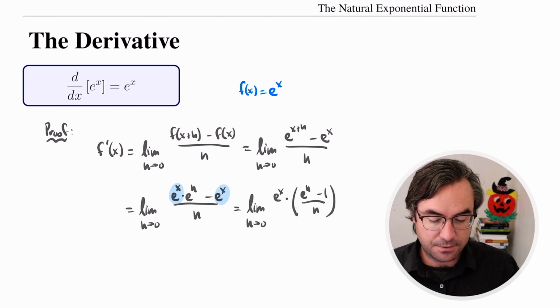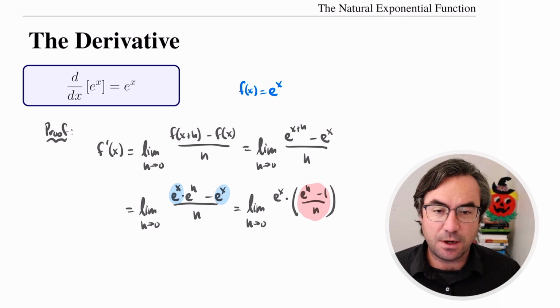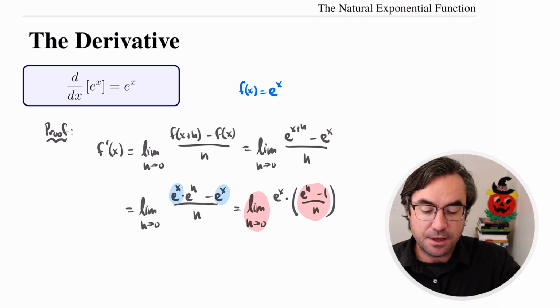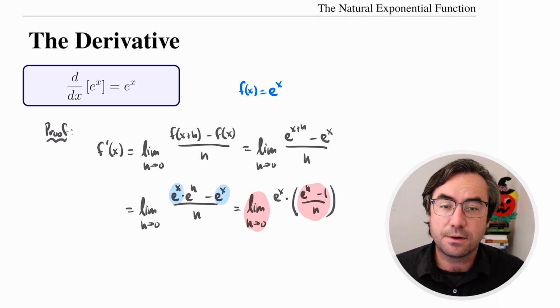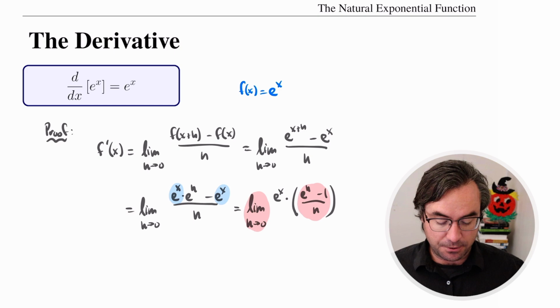And this e to the h minus 1 over h, with this limit as h goes to 0, this is just the slope of the tangent line at x equals 0.